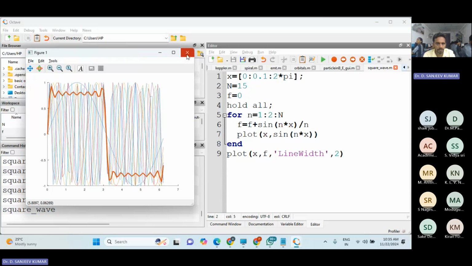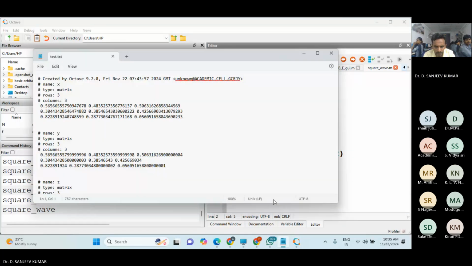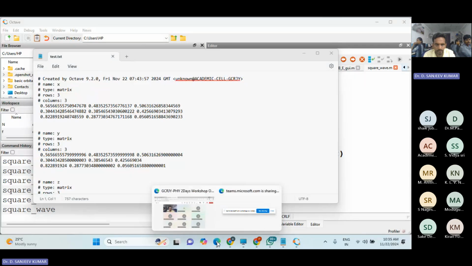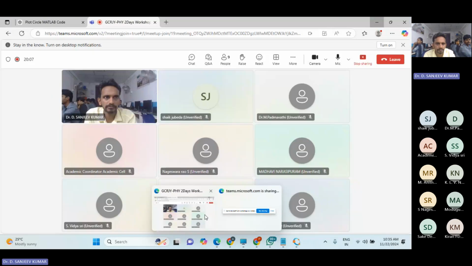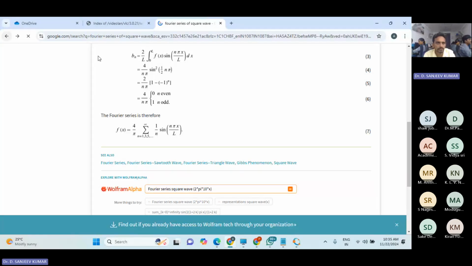Let's say if we want to generate a sawtooth wave, the Fourier series of sawtooth wave.